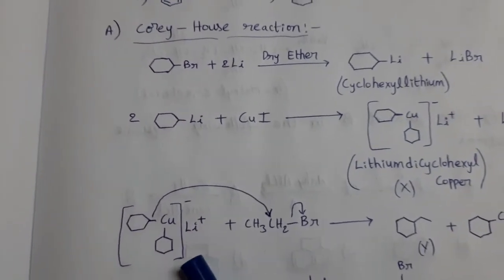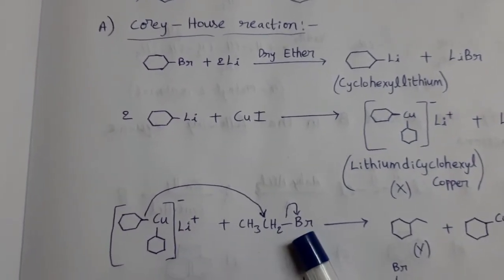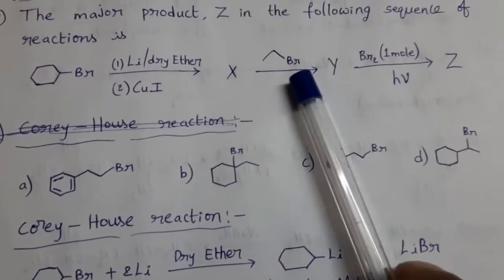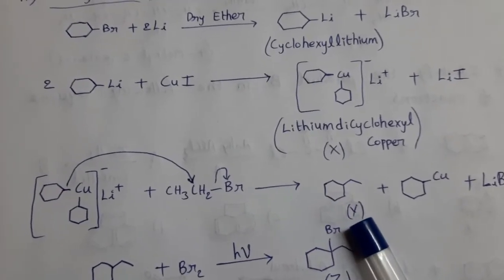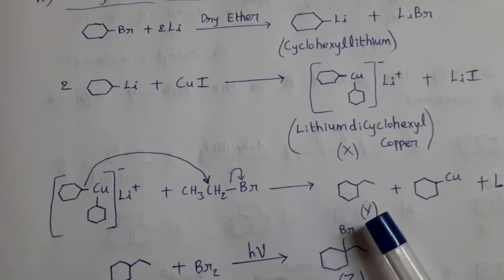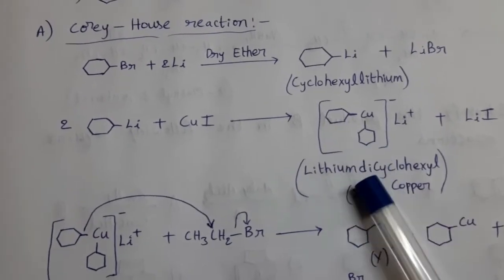Now this compound reacts with ethyl bromide, because in the question ethyl bromide is given. Then we can get ethyl cyclohexane. This is compound Y. This is compound X.